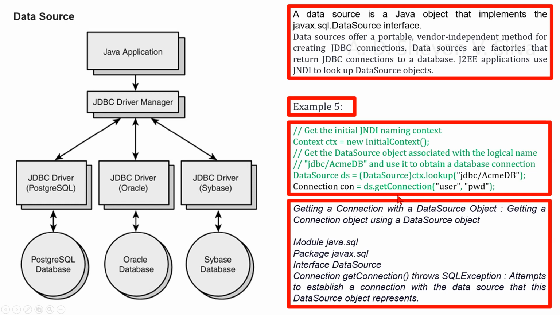Once the data source object has been registered with the JNDI naming service, an application can use it to obtain the connection to the physical data source that it represents, as is done in this code example.